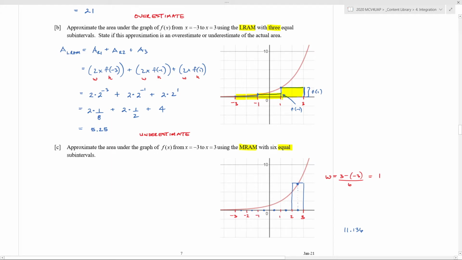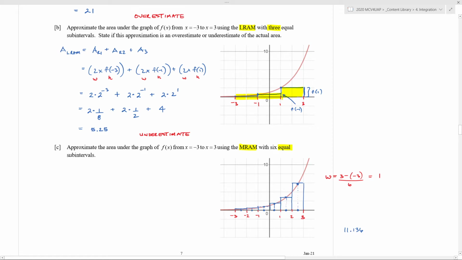So I need an expression for that. Okay, how are we going to write an expression for that? Well, we've got 6 rectangles, so let's start there.